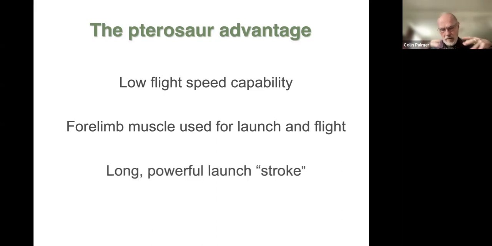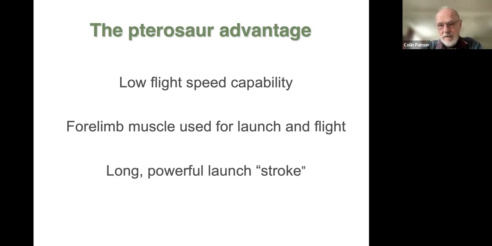And also, you probably could see from that video of the Anhanguera crouching down, it has a very long stroke, because if you think back to the pictures of the area, the green area, it isn't just a matter of how hard you can push, but for how long you can push. And that's to do with the length of your legs.